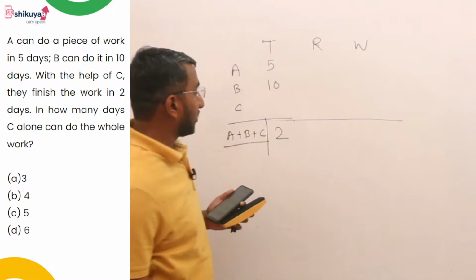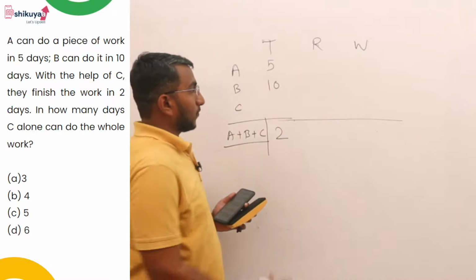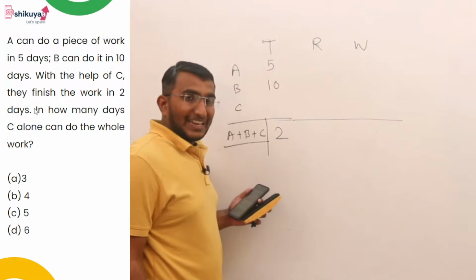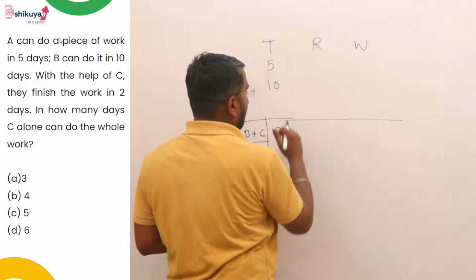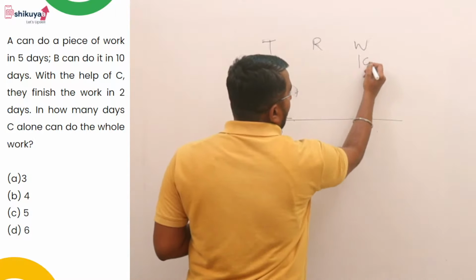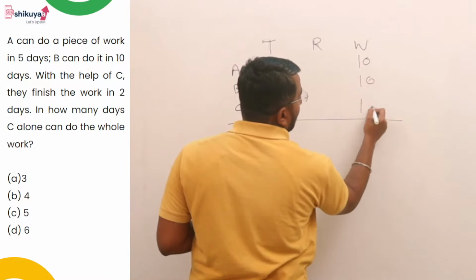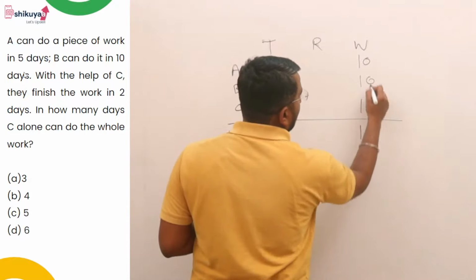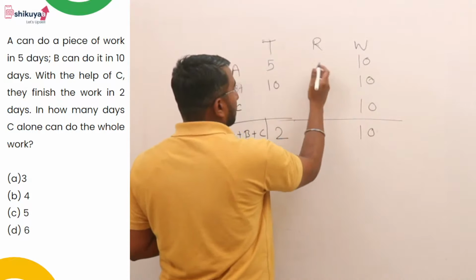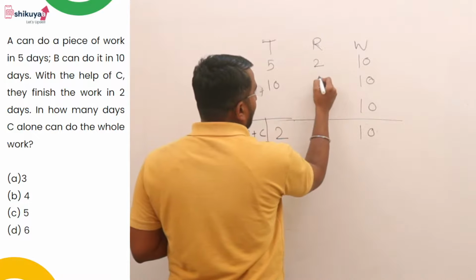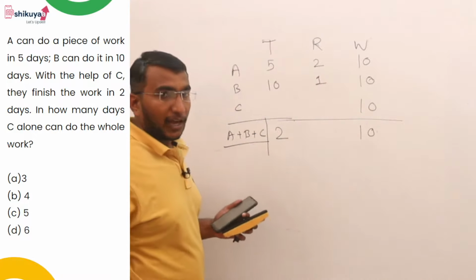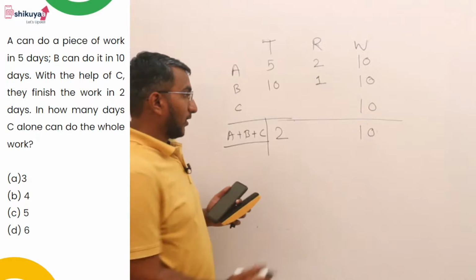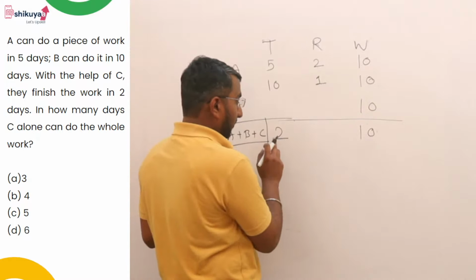So again, just try to assume the LCM of these three numbers to be the work done. So 5, 10, 2. So LCM is 10, 10, 10 and 10 everywhere, right? So first the rate is 2, second the rate is 1, third we don't have the time which has been taken by C, but we have the time taken by A plus B plus C together.